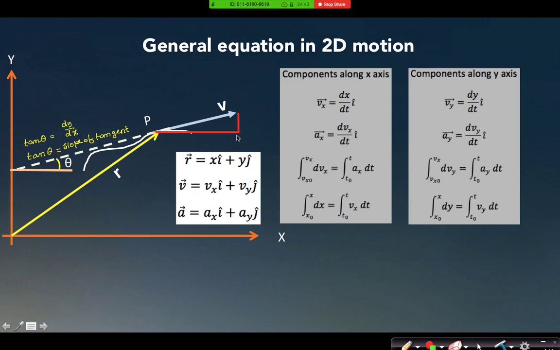Now can you tell me what is Vy by Vx? Tan theta, the same tan theta we were talking about. So Vy by Vx is also tan theta. So can I say that dy by dx equals Vy by Vx?